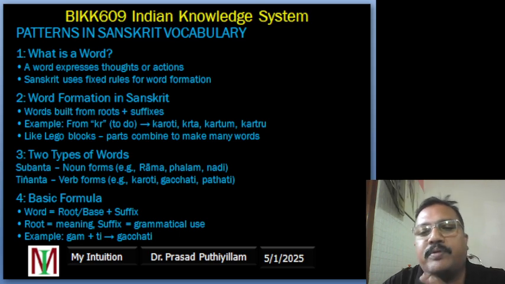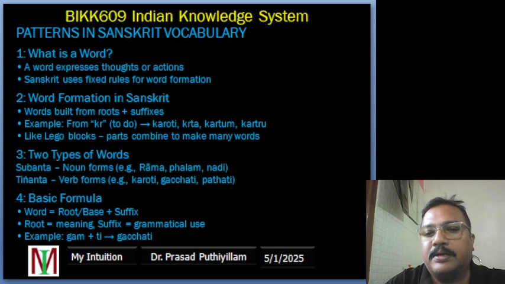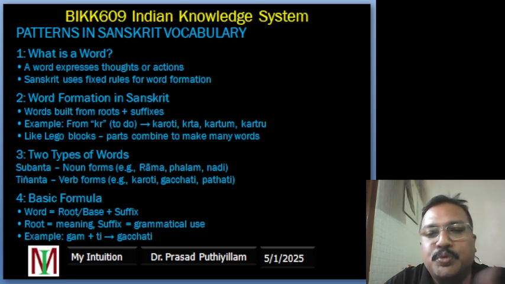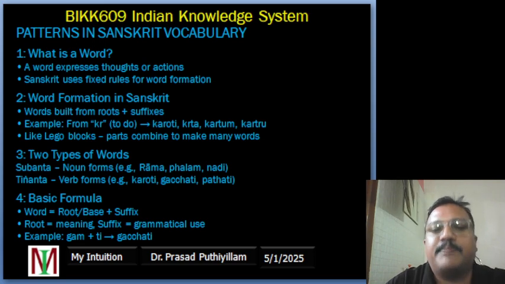For example, take the root kr, which means to do something. From this simple root we can create many related words like karoti, that means he or she does. Kartum, that means to do. Krita, that means done.